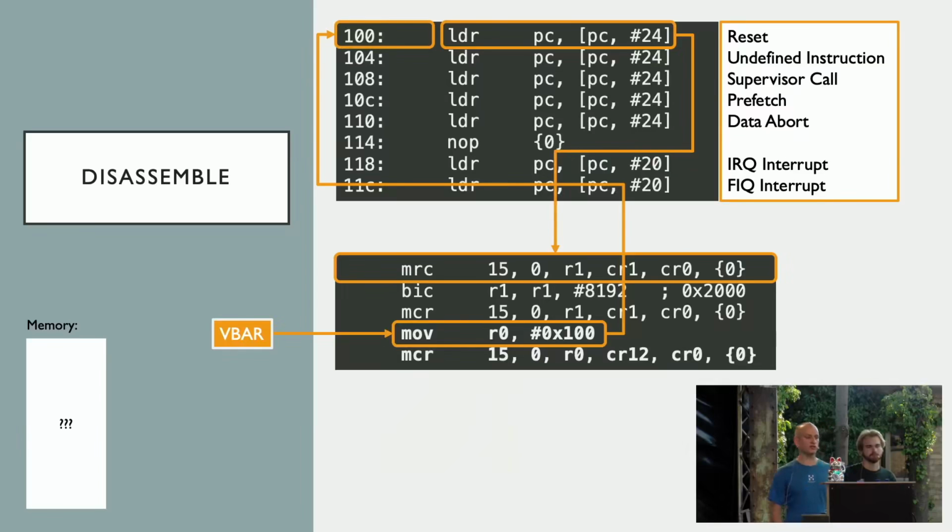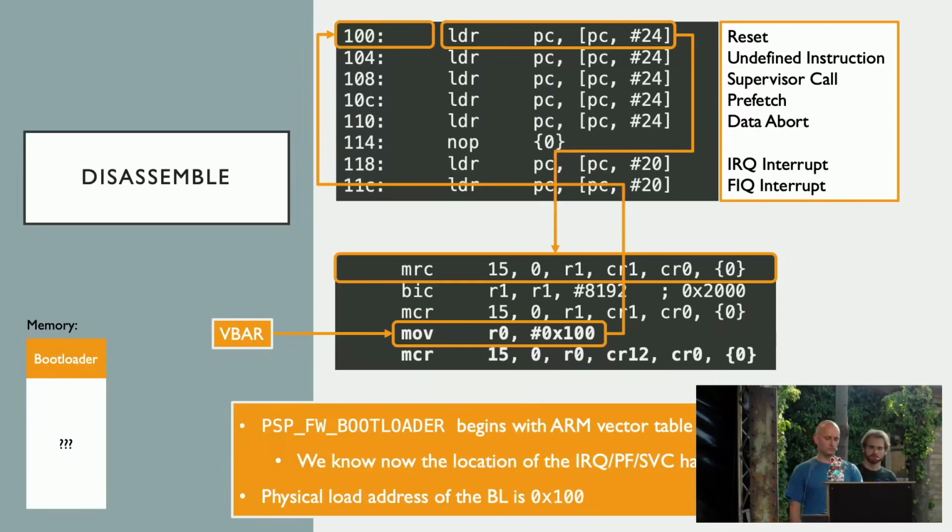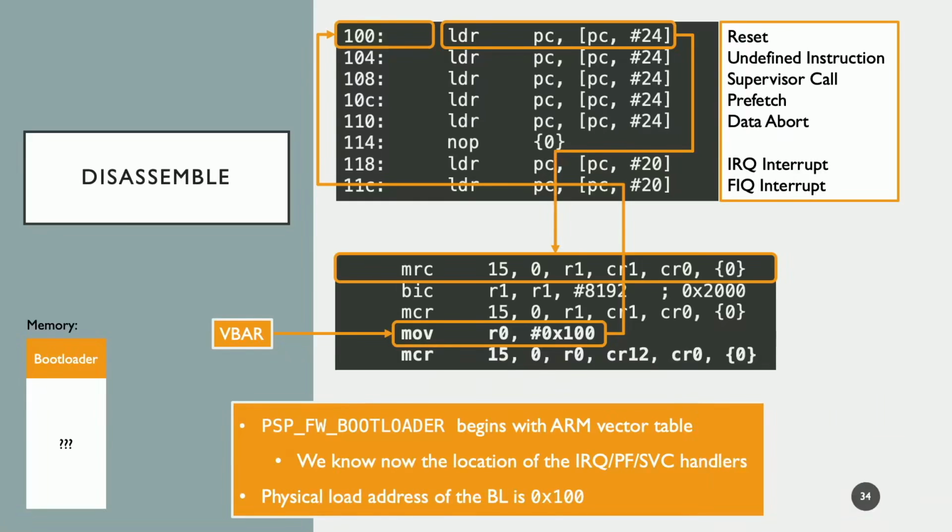So this is a clear indication that at address hex 100, the PSP FW bootloader needs to have its vector table, and it's loaded at that specific address. So now we know the physical load address of that component. And we know all the locations of the different handlers for system call, for page fault, and so on.